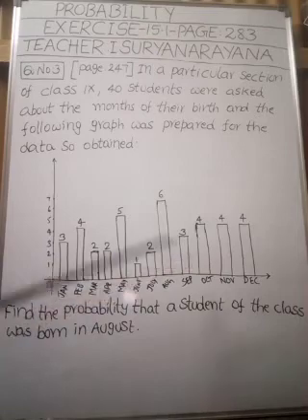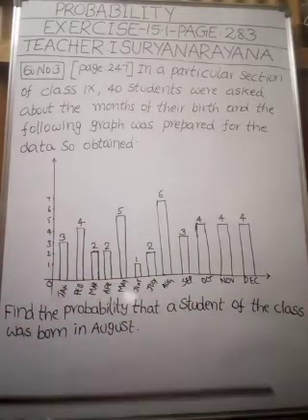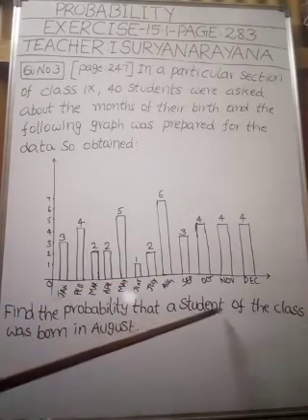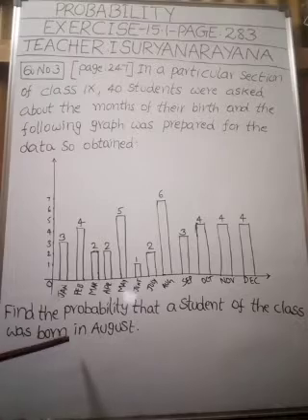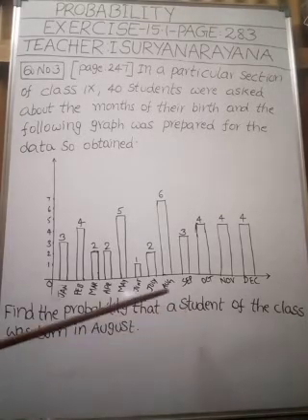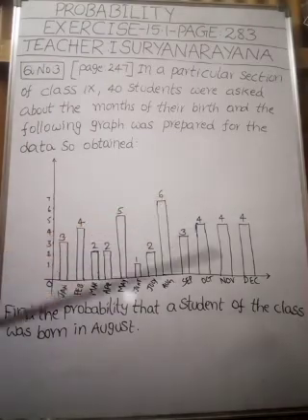Okay, my children, understood this graph? Right. Now we have to find the probability that a student of the class was born in August. How many students were born in the month of August? 6. Okay, my children, understood this question?